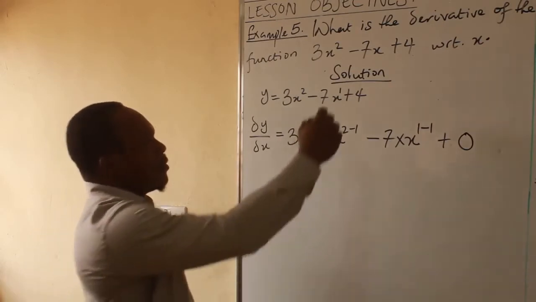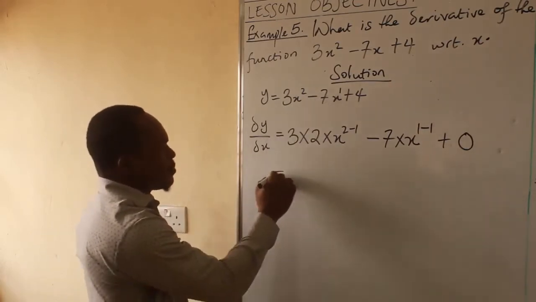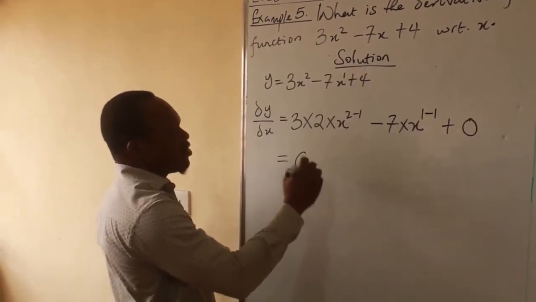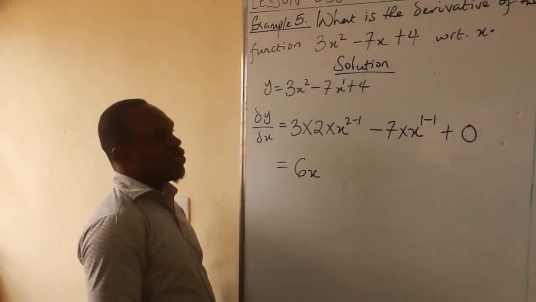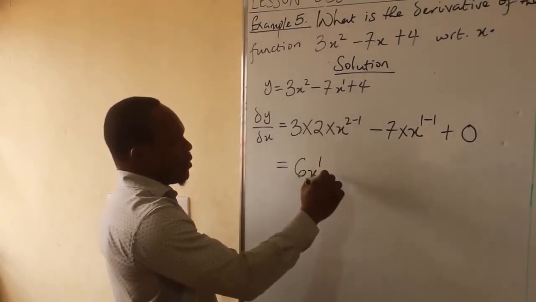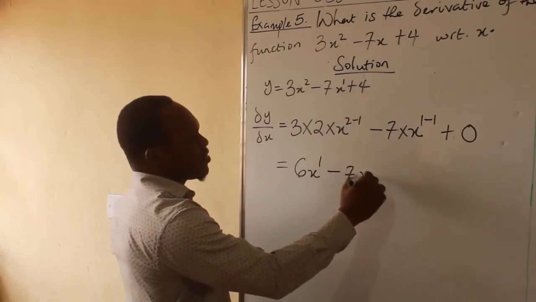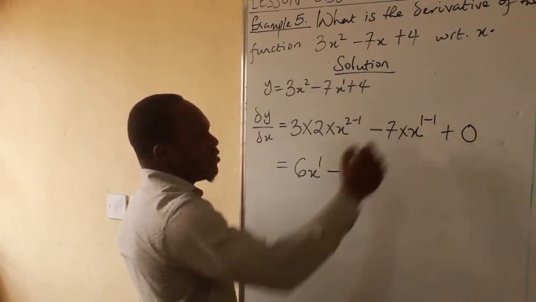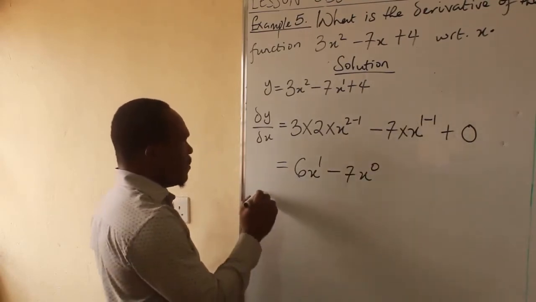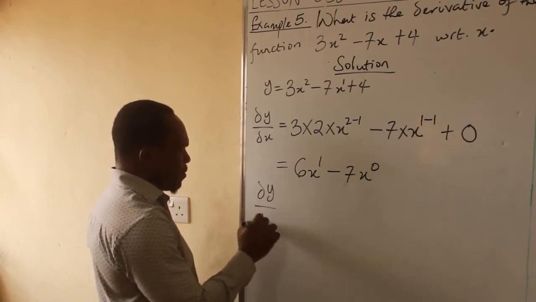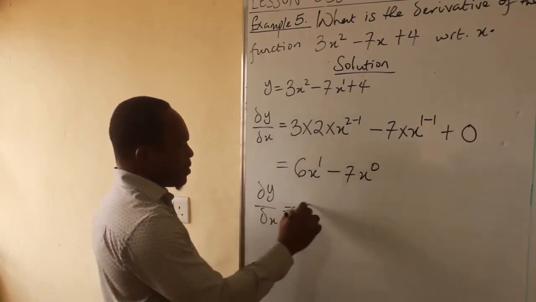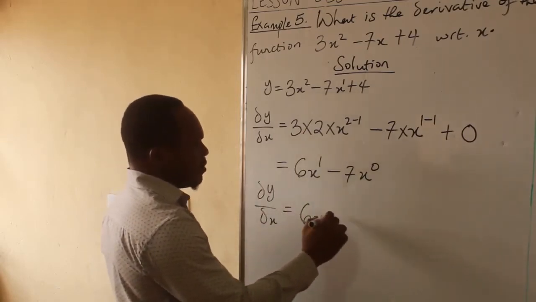This will now become 6x raised to the power 2 minus 1, which is 1, minus 7x raised to the power of 0, because 1 minus 1 is 0. Finally, dy over dx will now be 6x minus 7.